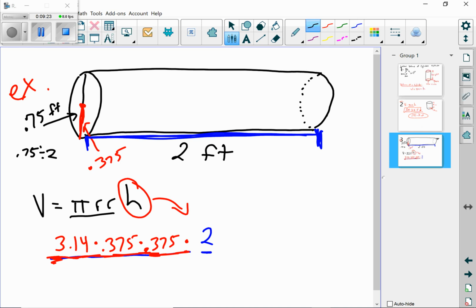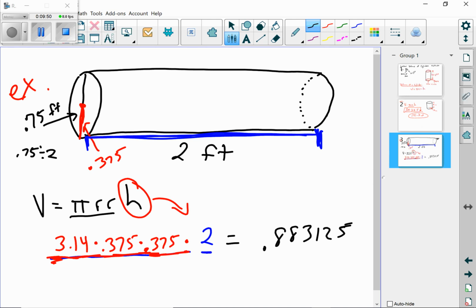So I'm going 3.14 times 0.375 times another 0.375 times a 2. We're going to have a long, messy decimal. It's a small amount. So this equals 0.883125. Okay, so it's just a terrible number, but it's the right answer.